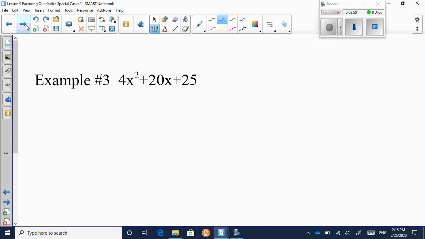Okay, let's do one more of these perfect squares. So we look at this one, and we say to ourselves, okay, is the first term a perfect square? Sure it is. The square root of it is 2x, and for this one, it's 5. And so we double check. We look here just to make sure, is 2 times 2x times 5 equal to 20? Sure it does.